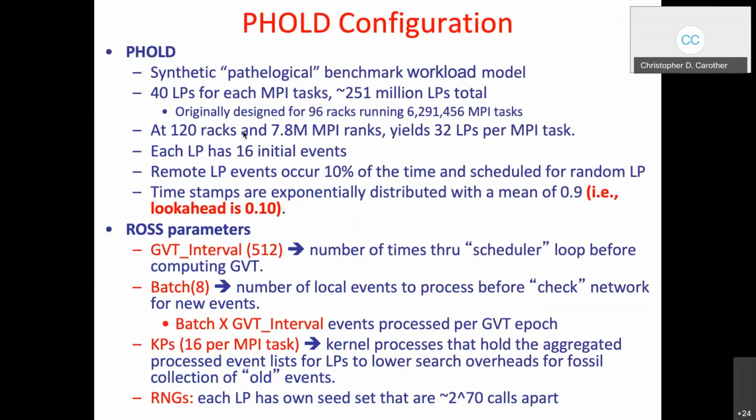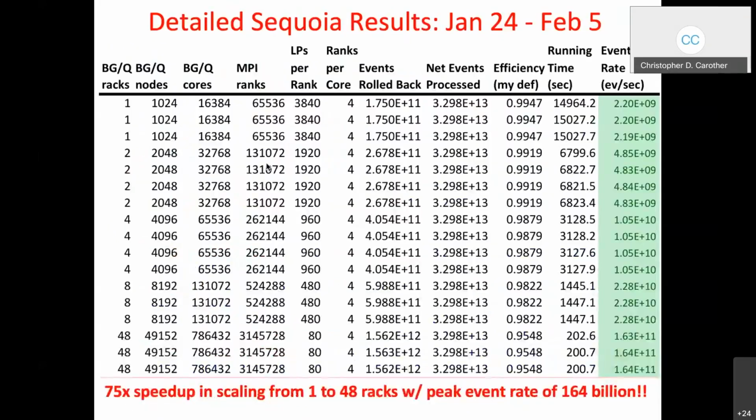This was just the first set of results we got back in January of 2013 when the system was first coming up. What we're seeing is just tremendous scaling. If I run this on one rack, using 16K cores, you're seeing an execution time of almost 15,000 seconds.